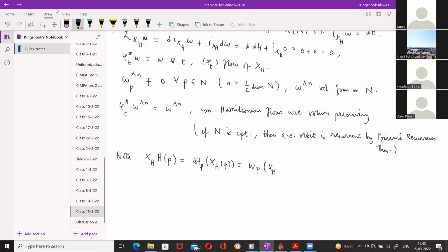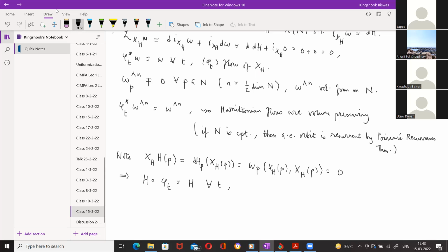So this becomes omega of XH_p with XH_p, by definition of the Hamiltonian vector field. Omega is alternating, so this is 0. So this implies that XH of H is 0, and therefore H composed with phi t is equal to H for all t. So Hamiltonian flows preserve H.